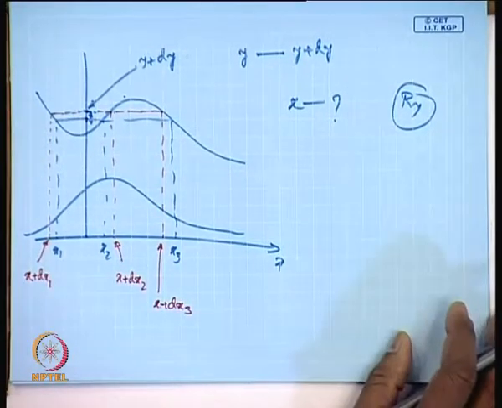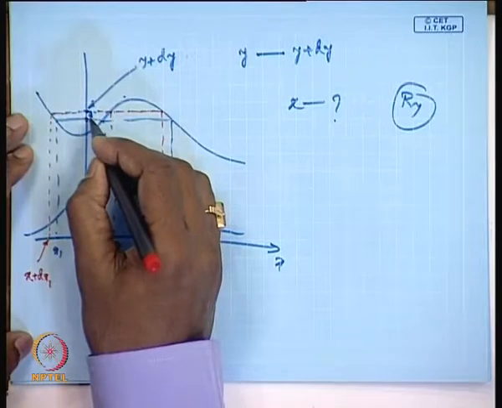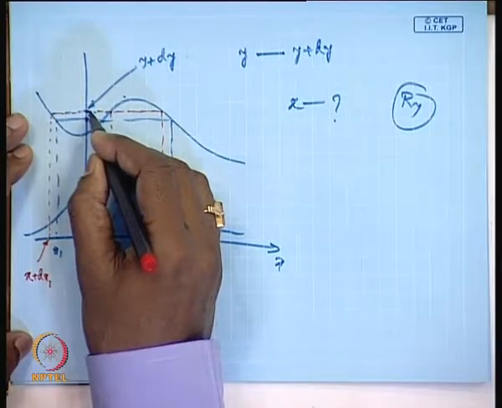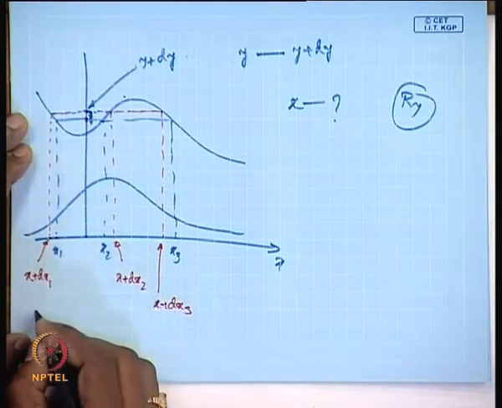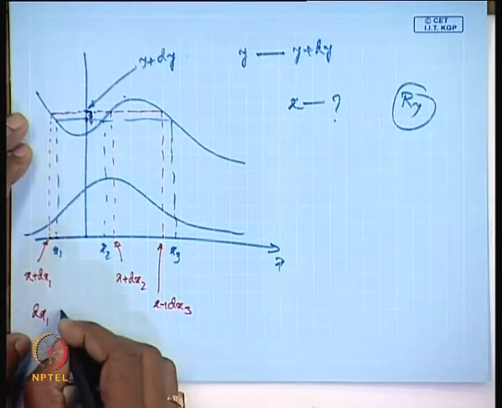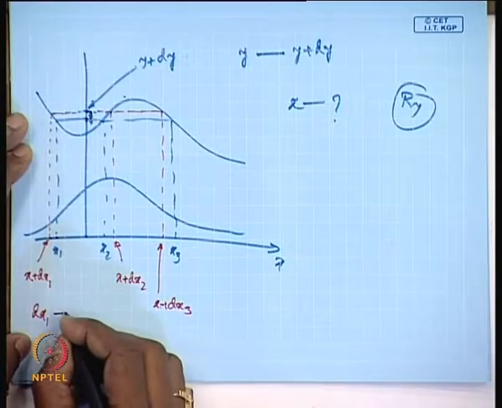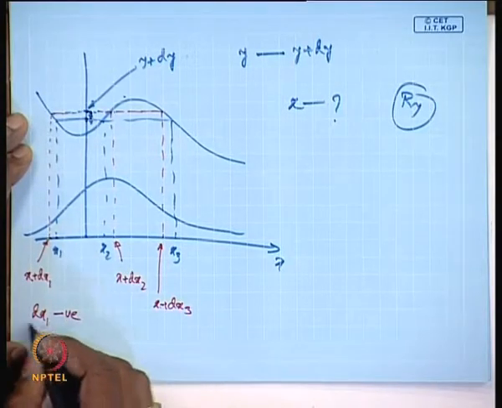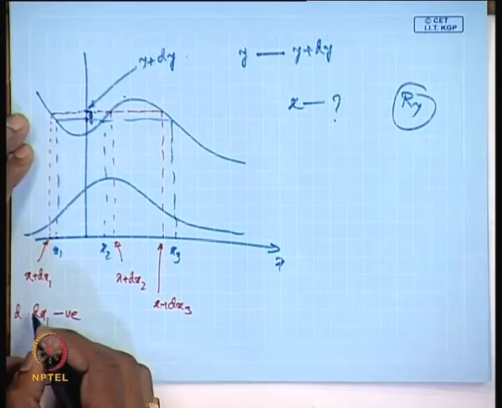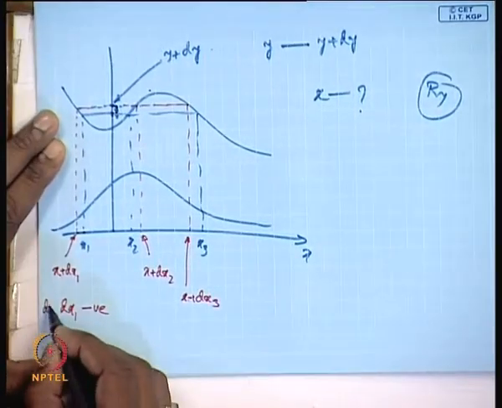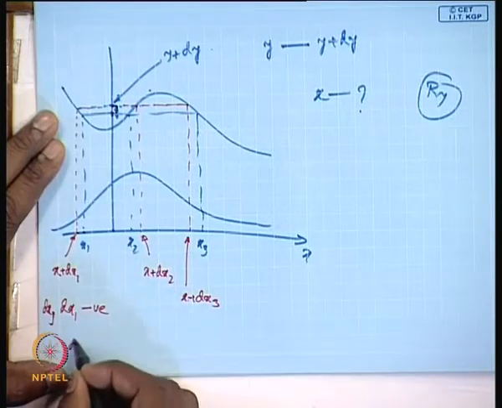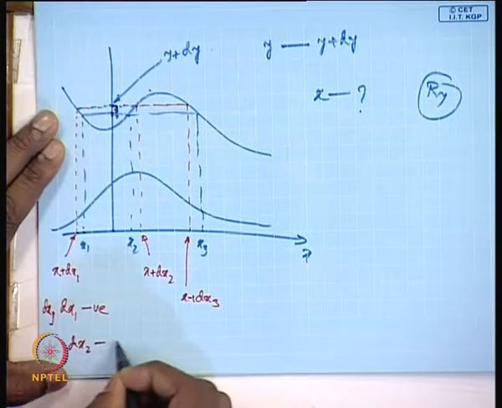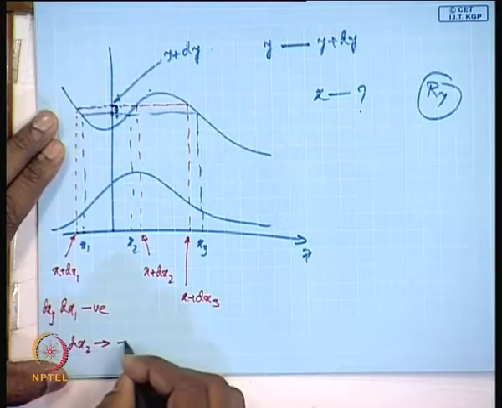Remember that this direction means when it is going from y to y plus dy, from this point to this point, this is coming from x1 to this one. That means dx1 is negative. Similarly dx3 is negative, and dx2 is positive.